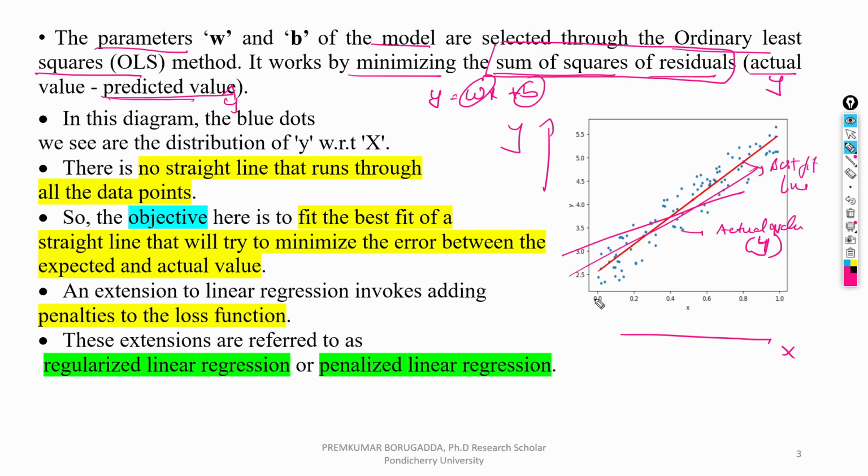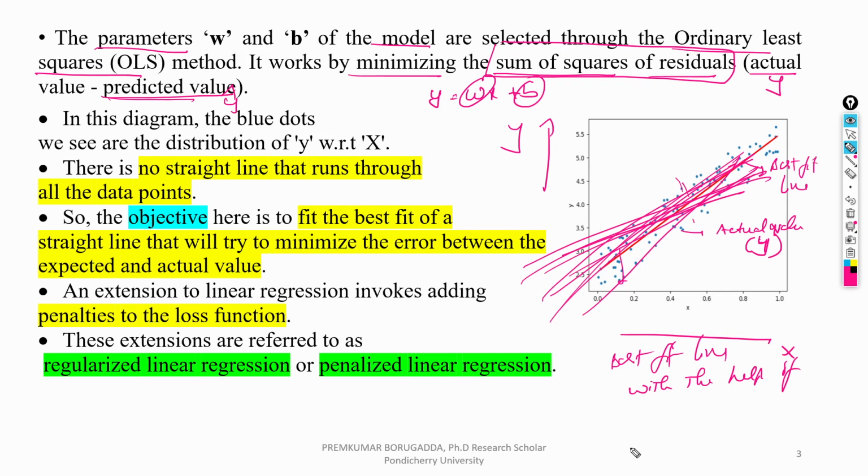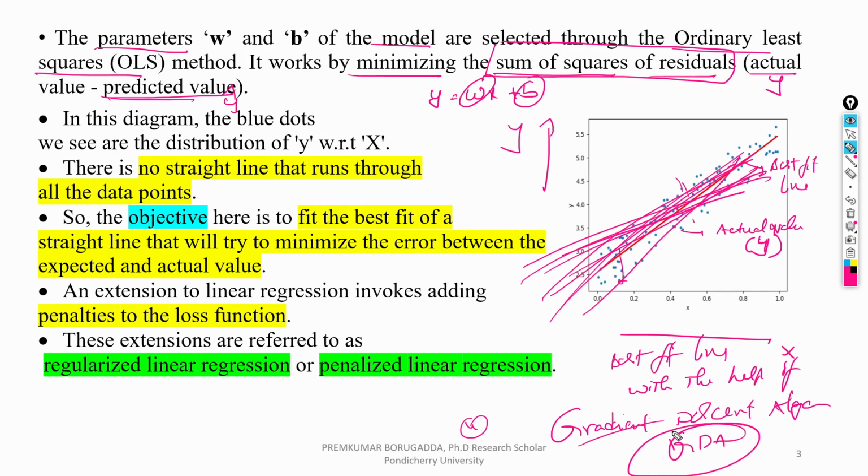Many lines can be drawn through the target variables, and among these many lines, we have to identify the best fit line with the help of the gradient descent algorithm, GDA. I explained this concept clearly in my previous lecture, lecture number 4. By using the gradient descent algorithm, we identify the best fit line.